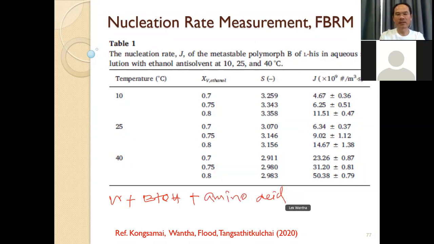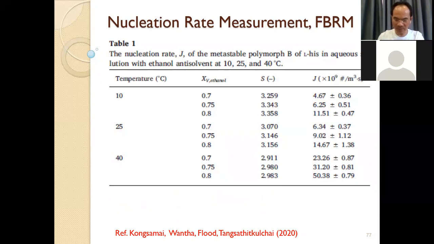For that case, we look at the effect of ethanol on the solubility of amino acid in water and on the nucleation rate. If we add a higher percent of ethanol, you will get a higher nucleation rate.